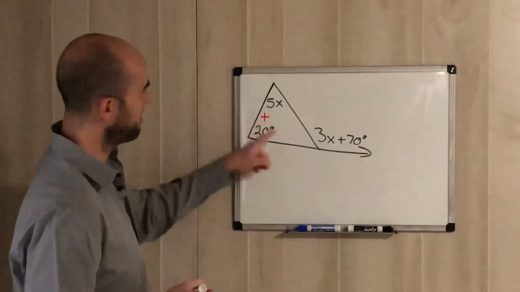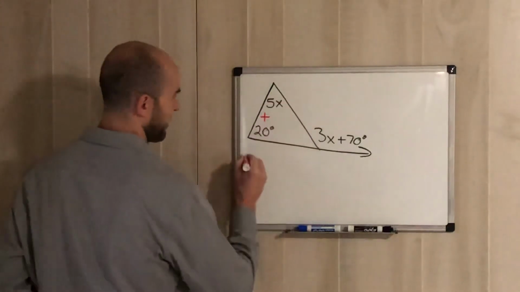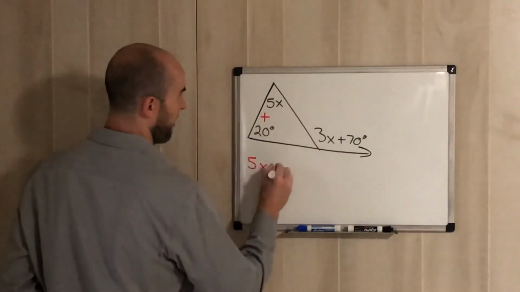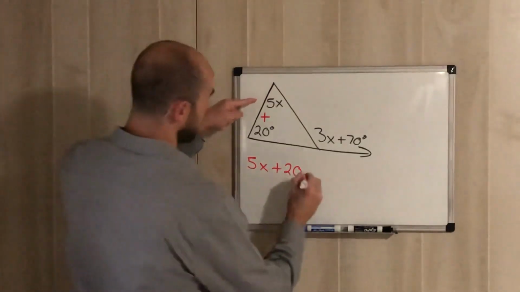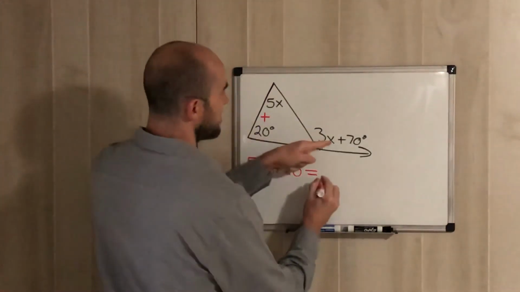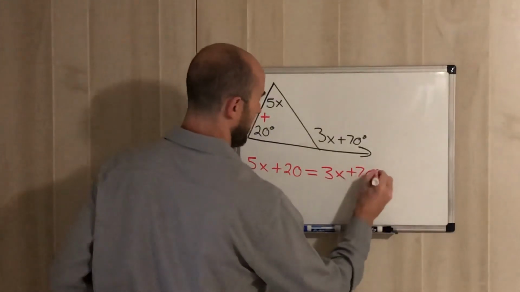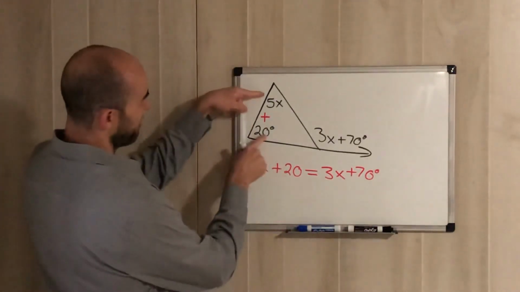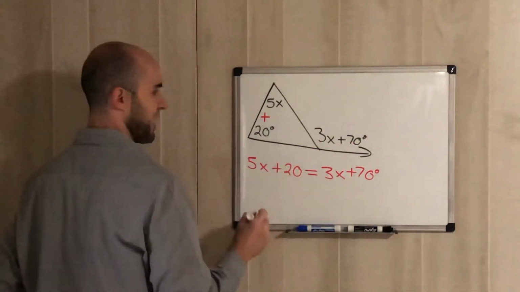And when we add them, it's always equal to the exterior, right? So write that out. We know that the 5x plus the 20, when we add those two interior, it always equals the exterior, always. Whenever we add up the two interior, 5x and the 20, it always equals the exterior, 3x plus 70.